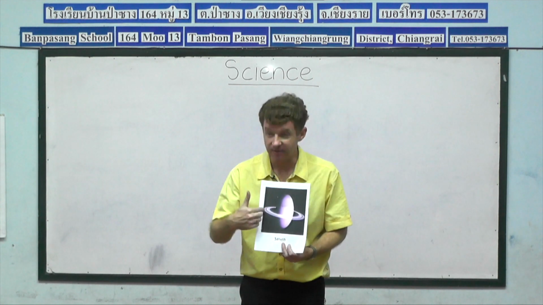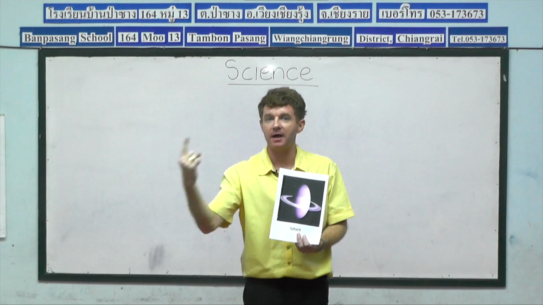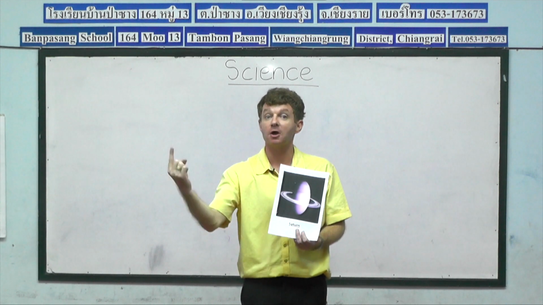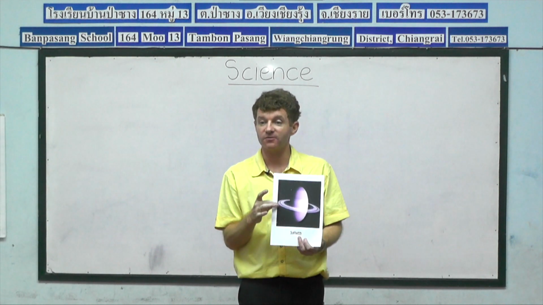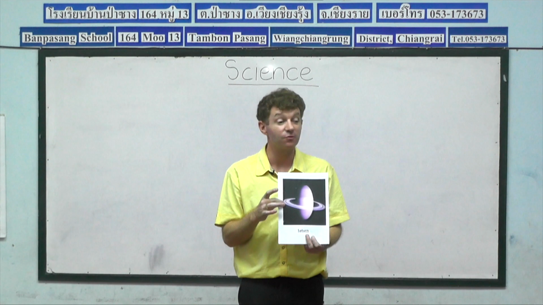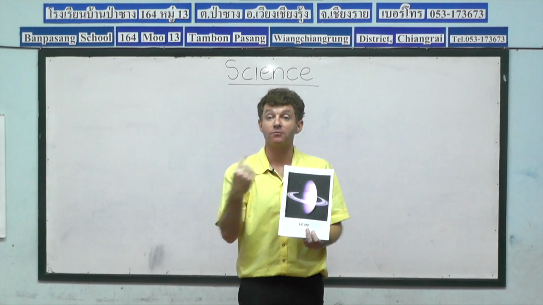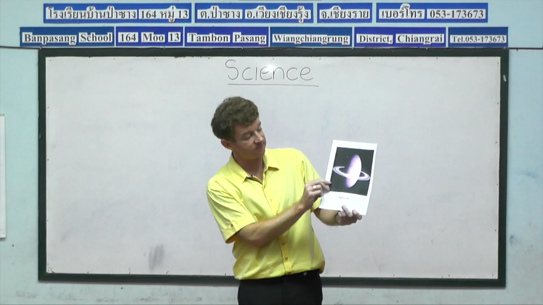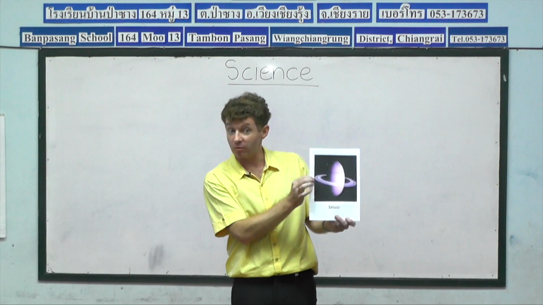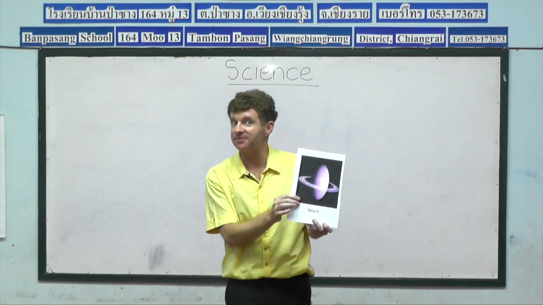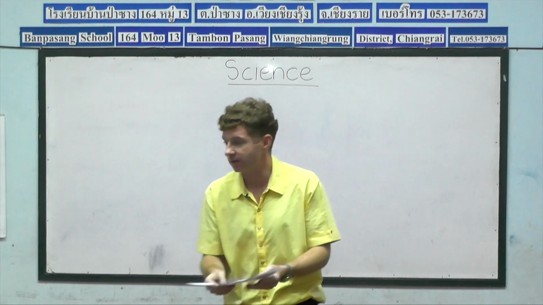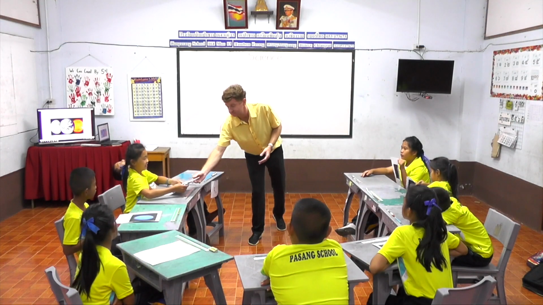And you can see Saturn is the only planet with lots of rings around it. These are particles, big pieces of dust, and they go around Saturn. So you can see straight away, if it's the planet with rings around it, it's Saturn. And this planet goes to Nadia.